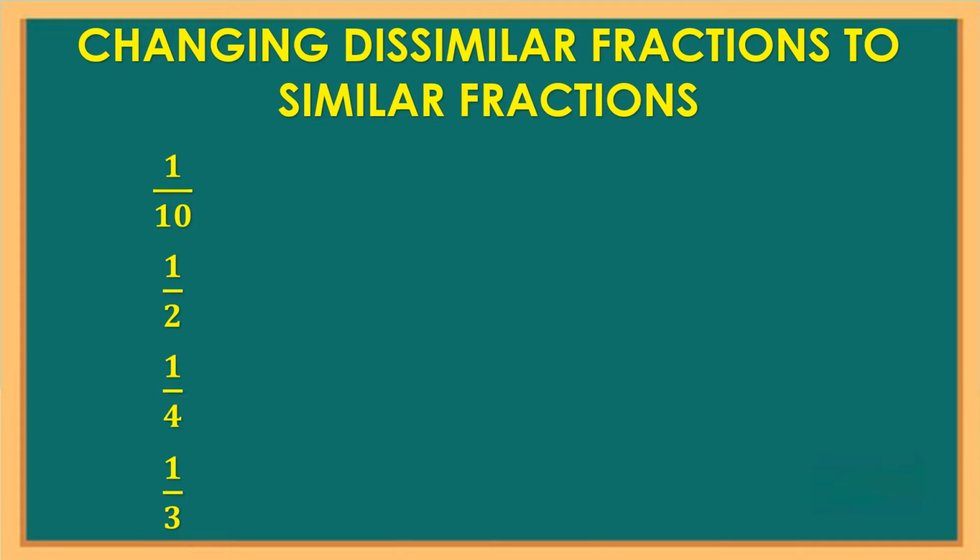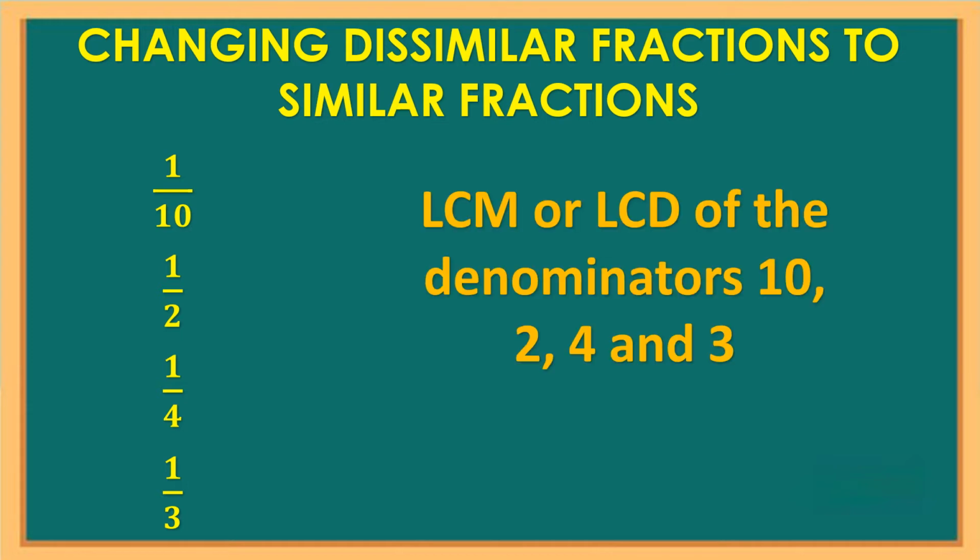The LCD, the least common denominator, or the LCM, least common multiple, because they are just the same, the LCD of 10, 2, 4, and 3 is 60. Why? Because these numbers, or 60, can be divided by these numbers without a remainder.